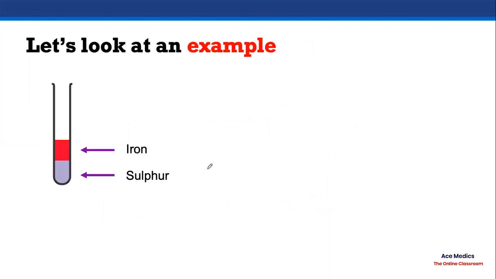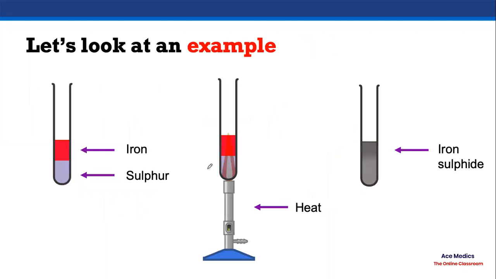Now let's look at an example of a chemical reaction. We have iron. We put some iron in a test tube and we also put sulfur in a test tube, and we are heating this using this equipment, which you guys have probably seen in your science lessons, in your labs at school.